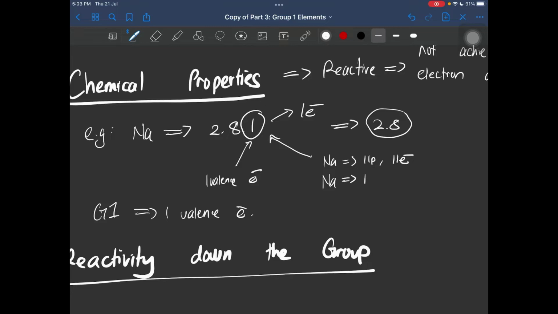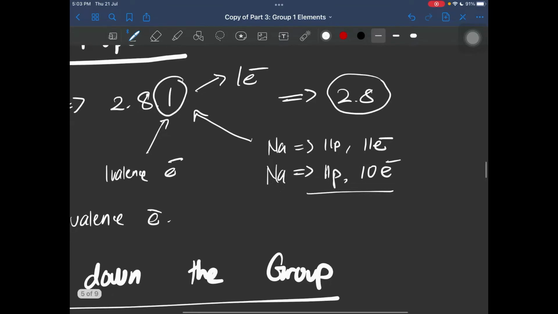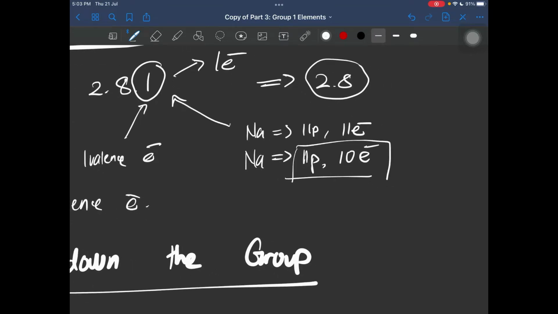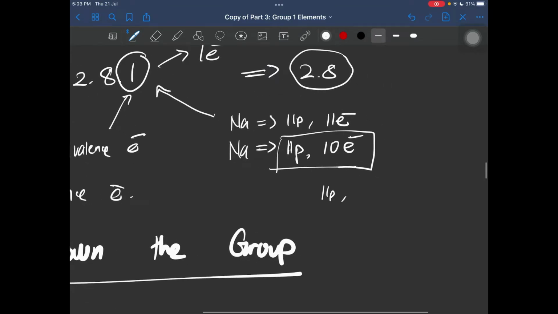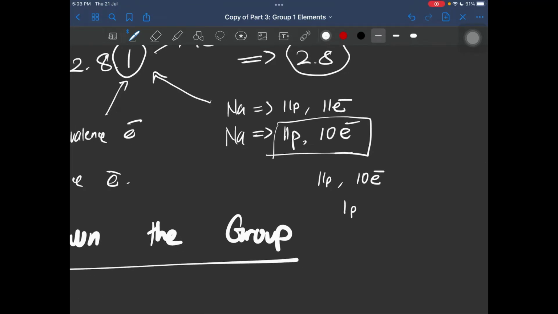the number of protons is still the same. It's still 11 protons, but it has only 10 electrons now because it has released its 1 valence electron, right? So if we look at this, it has 11 protons, 10 electrons, which means it has 1 proton more than the electron, right?